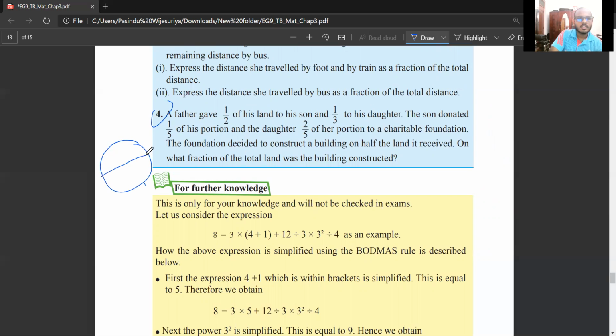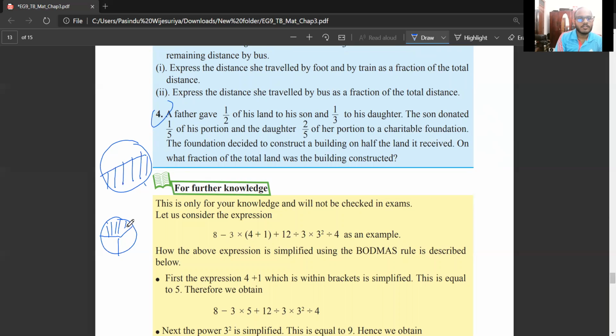From this, he gives half of it to his son, and 1/3 of this to his daughter. Half to the son and 1/3 to his daughter.